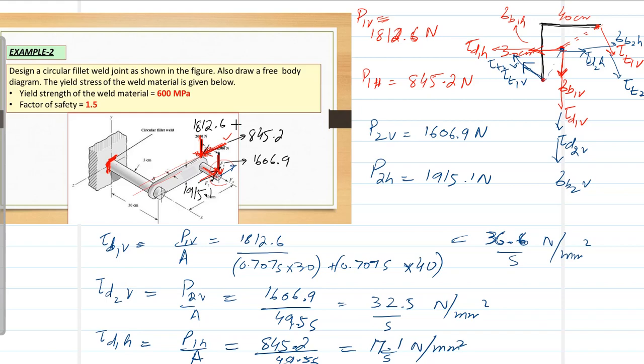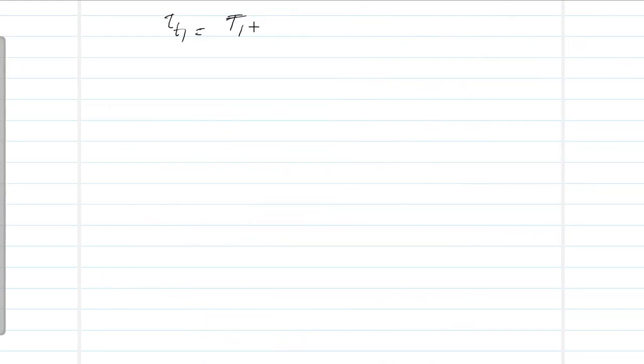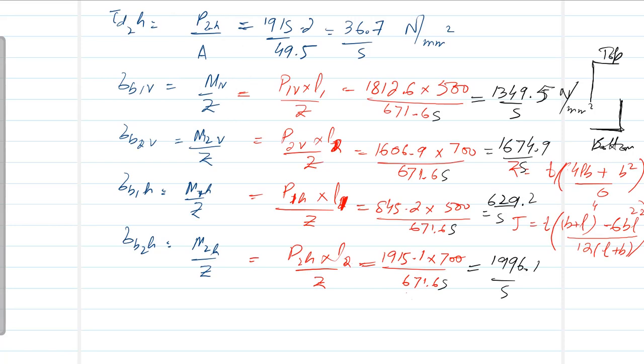But there will be no torsional shear. That's why only two torsional shears exist. So tau T1 is T1 R1 over J, and tau T2 equals T2 R2 over J.